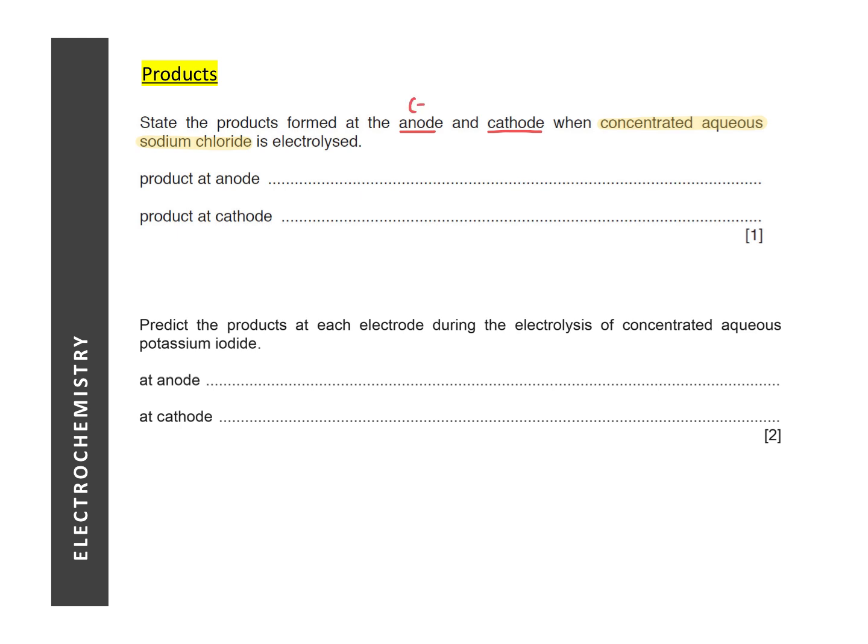So anode is positive, it attracts anions, and the anions in your electrolyte would be your chloride and hydroxide. Next, your cathode attracts cations, so it is negative, and the cations that are present in your electrolyte would be sodium and hydrogen.